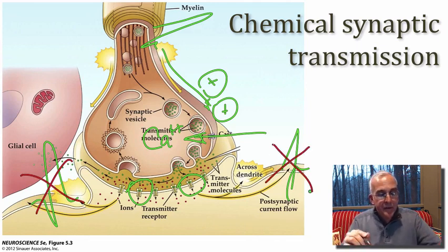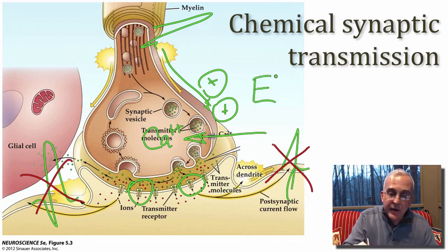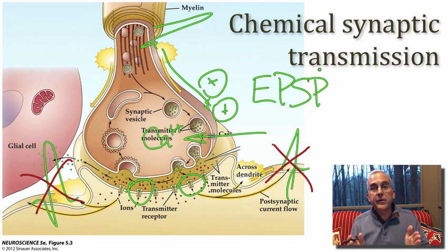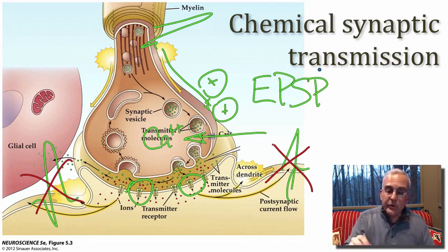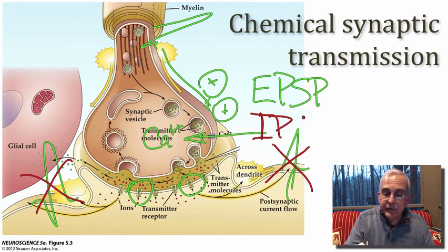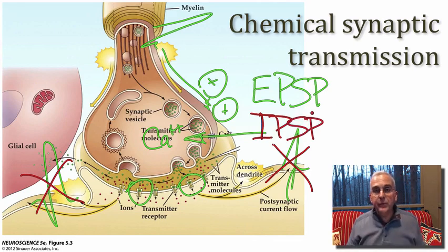So on the one hand, we're going to talk about action of neurotransmitters that elicits what we call an excitatory postsynaptic potential. And on the other, we're going to talk about activities of neurotransmitters that give rise to what we call an inhibitory postsynaptic potential.